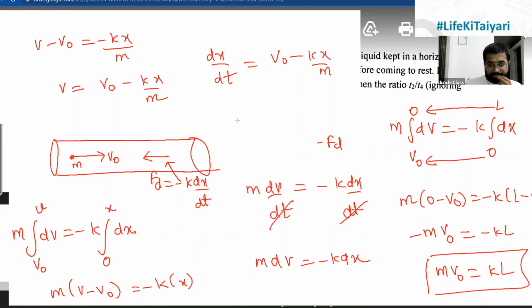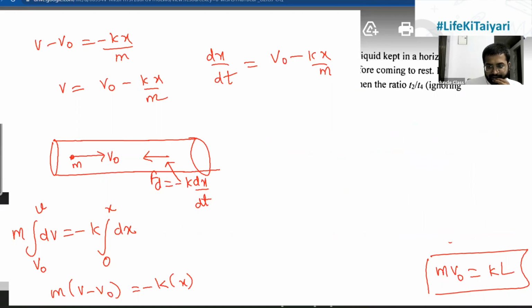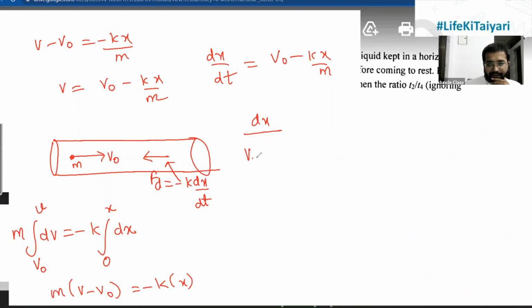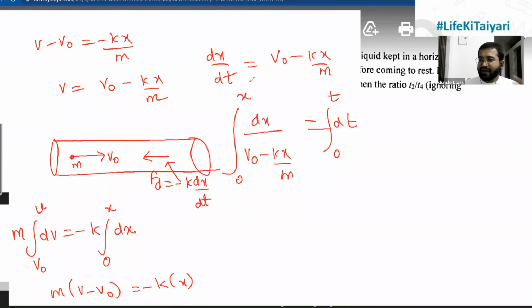Done? Let's do this further. So now we can do this directly. dx upon (v naught minus kx by m) equals dt. So integration: initially position was 0, at any time t position will be x. What will we do after this?